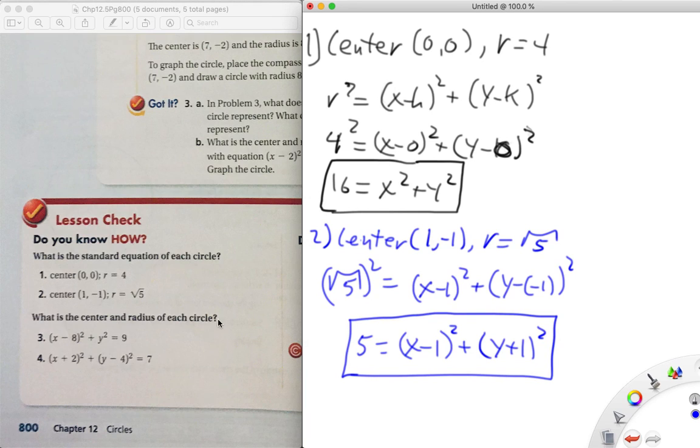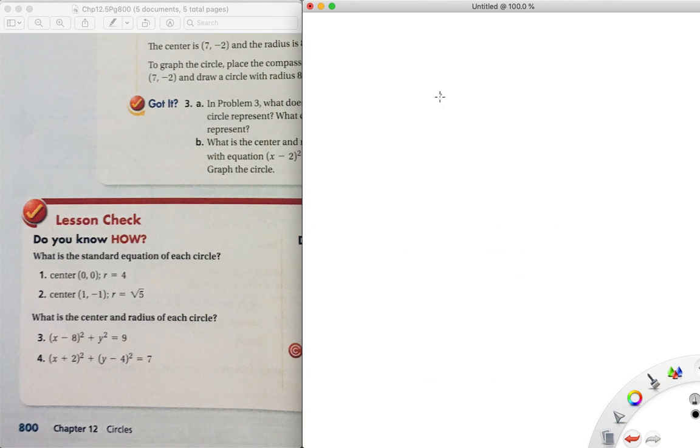And for these last two, they want to know what is the center of the circle and the radius. So for 3, we have x minus 8 squared plus y minus 4 squared equals 7.